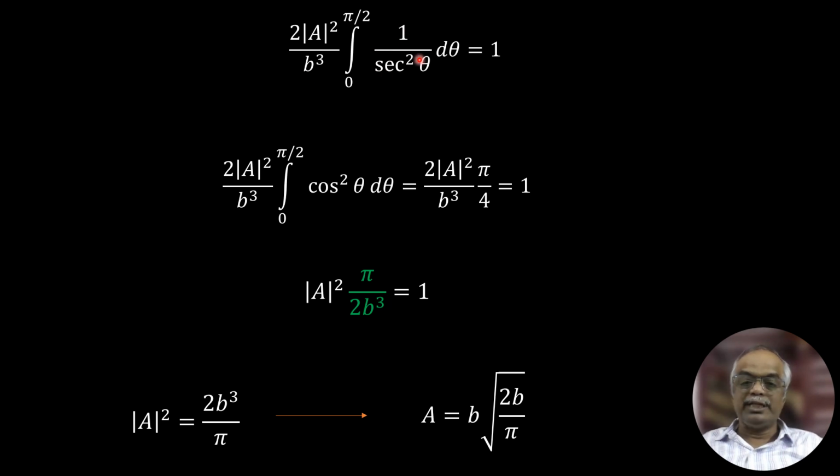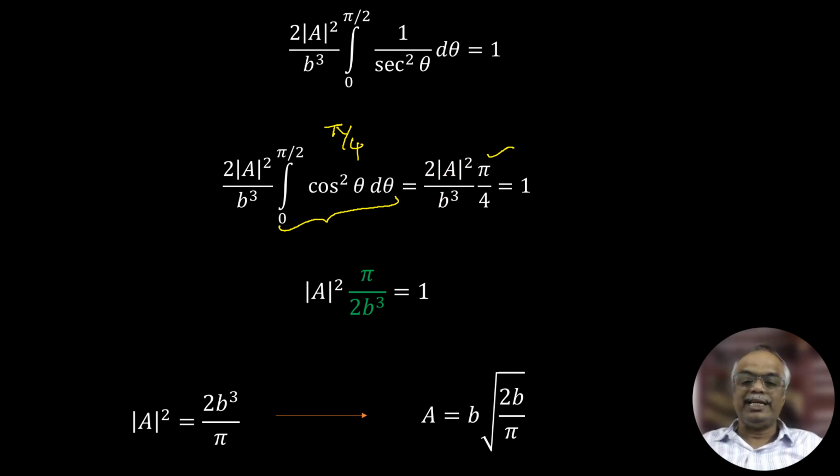The 1 over secant squared theta is cos squared theta d theta. This is a standard integral. The value of this integral is pi by 4, so I have written here pi by 4. And 2 modulus A squared divided by b cubed is outside the integral, so I have taken that.